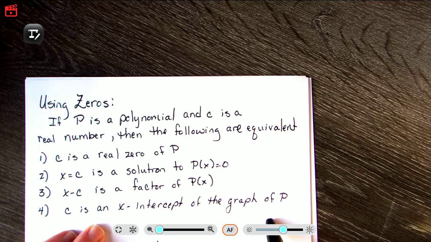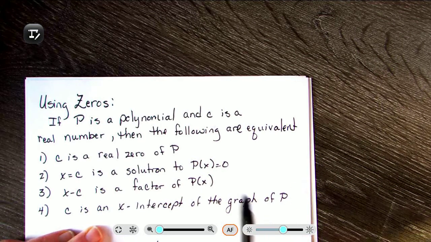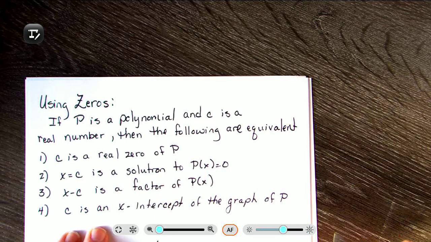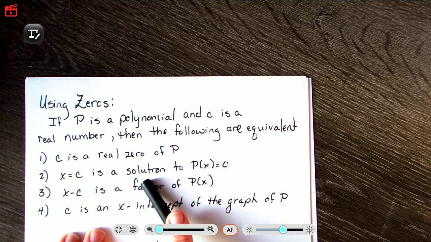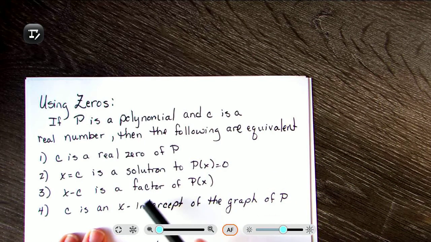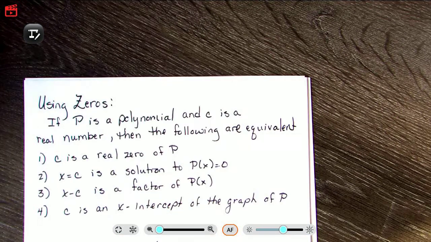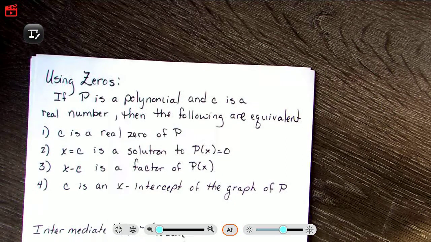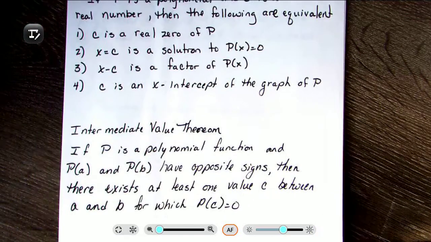The hard part is going to come when we're trying to find all of these zeros or all of these solutions or all of these factors. They're not always going to come easily. One last theorem from this section. And I lied. Well, it is a theorem, and it's a pretty big one.